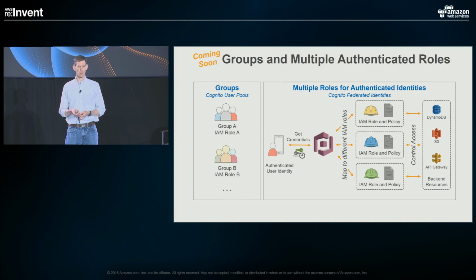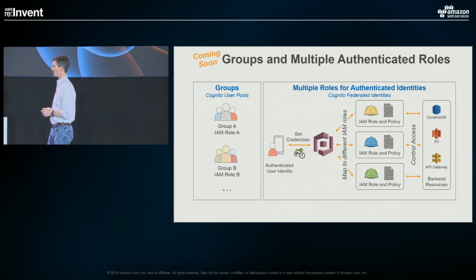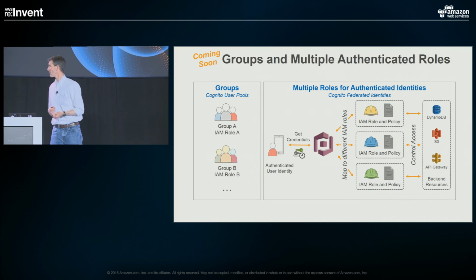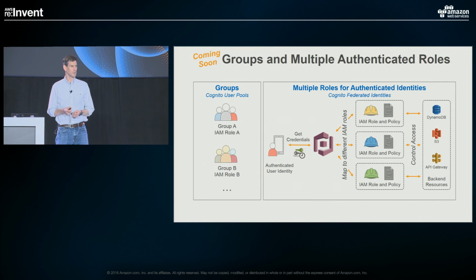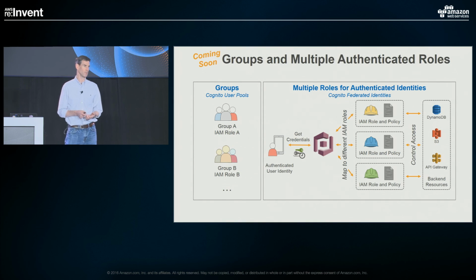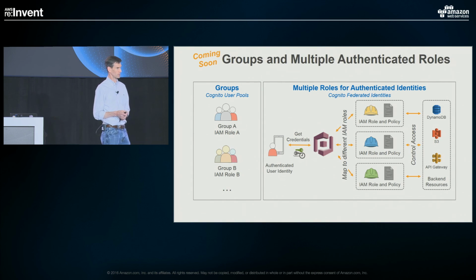The last slide I want to share with you is about some new features that we're launching. So we're pretty excited about some of these things that are coming soon. We've heard increasingly from customers that we've started to support additional identity providers, and as we've added Cognito user pools, that they're looking for new ways to manage their users and to manage those users' permissions.